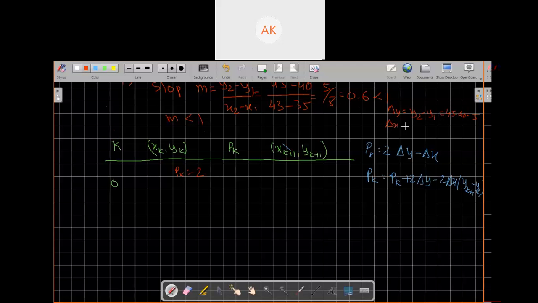And delta x is x2 minus x1, 43 minus 35, which is 8. So your delta y is 5 and delta x is 8.